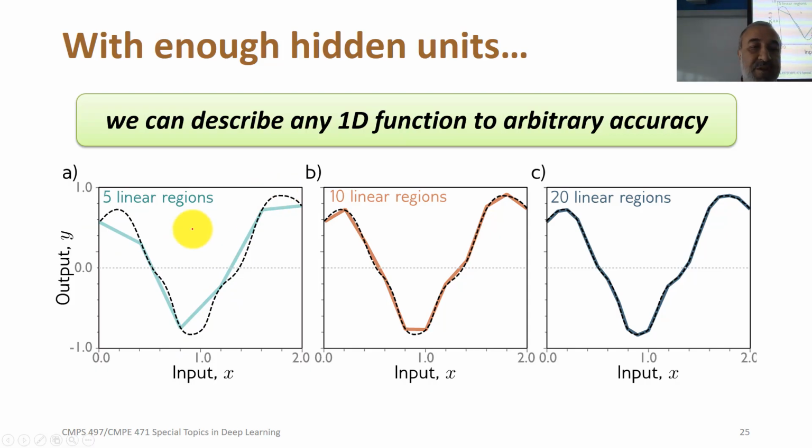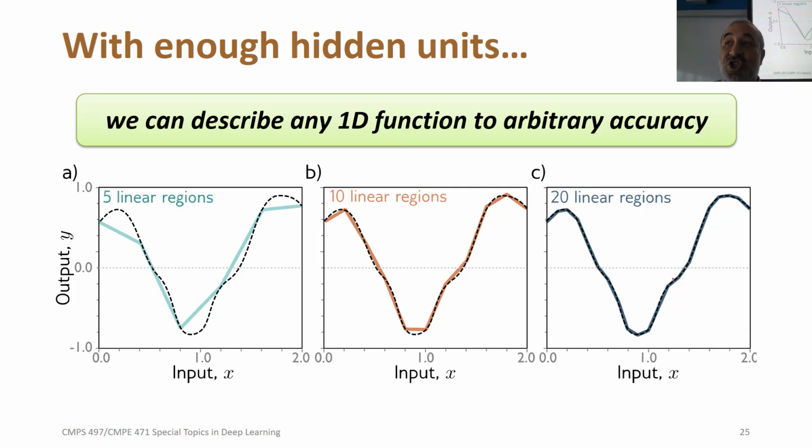If we fit it with 5 linear regions, we can have something like that. Remember, all of them are linear, right? If we have 10 linear regions, it will be even better. If we have 20, it's almost exactly the function. If we have a more complex function, by adding more hidden units, eventually we will get to it, right?